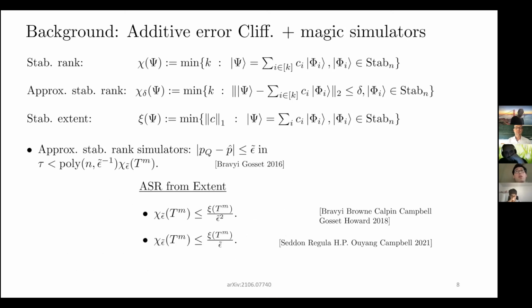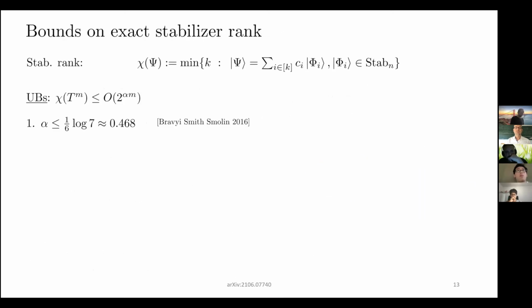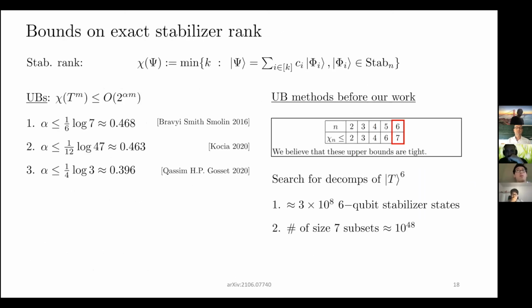Yeah, here. So you're talking about the search space. If you want to look at size 7 subsets of 8-qubit stabilizers, it is something like 10 to the 48 size 7 subsets. You'd have to look at 10 to the 48 combinations, and for each one do some non-trivial computation, and then see which one's the lowest. That's completely out of the question.